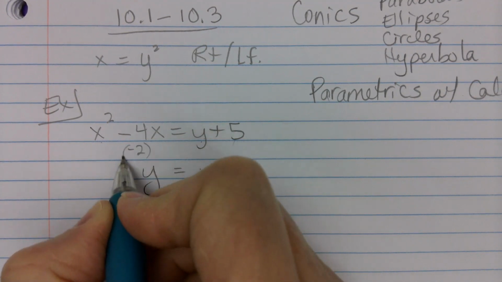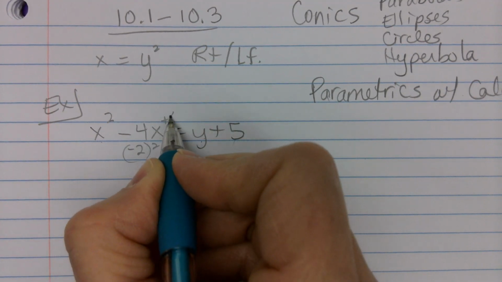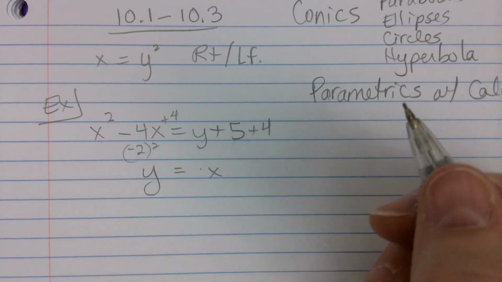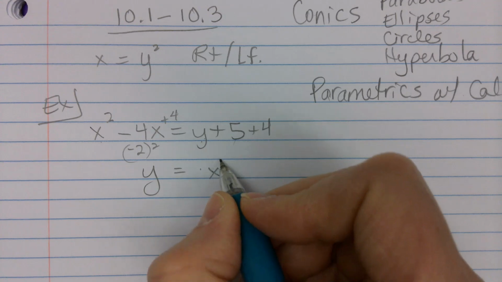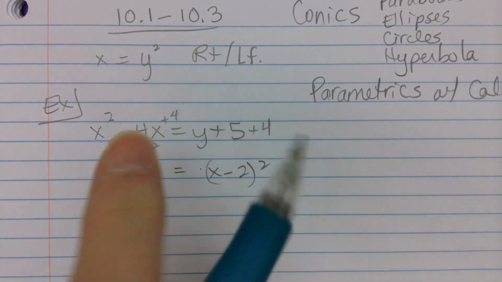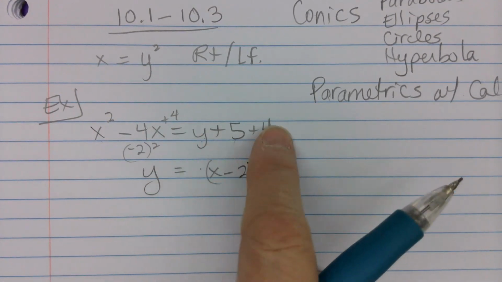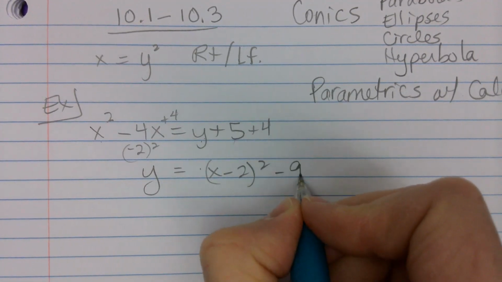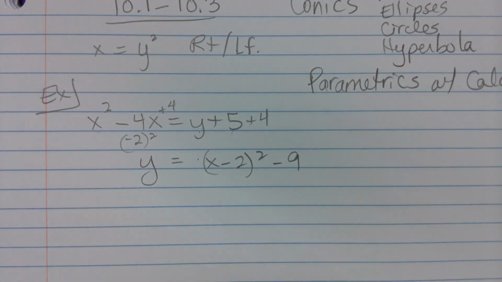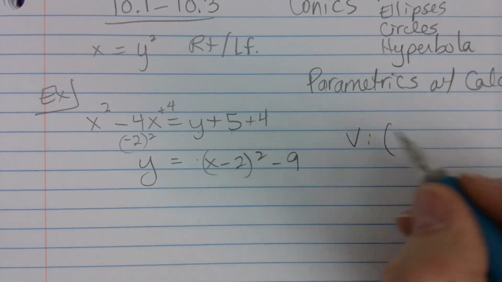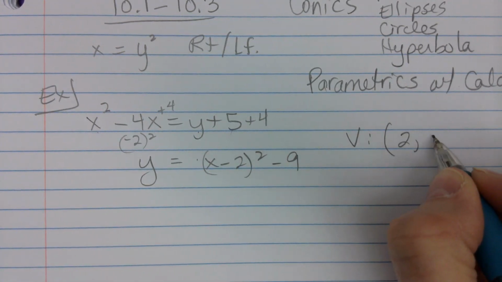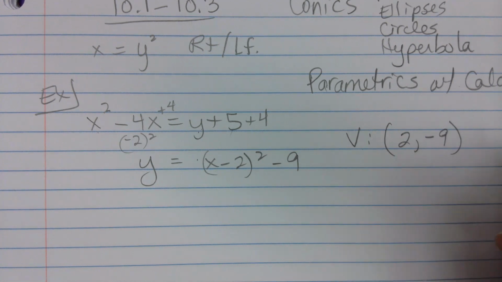Half of -4 is -2. So I'm going to add 4 on both sides, right? So that would be (x - 2) squared, keeping it over there, minus the 9. Does that make sense? So, what is our vertex? (2, -9).